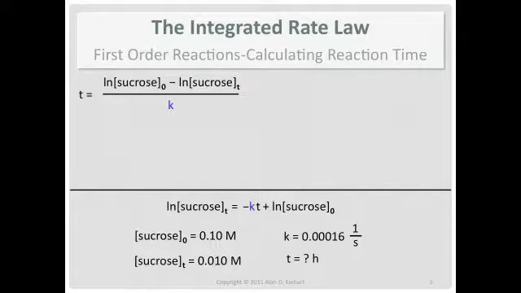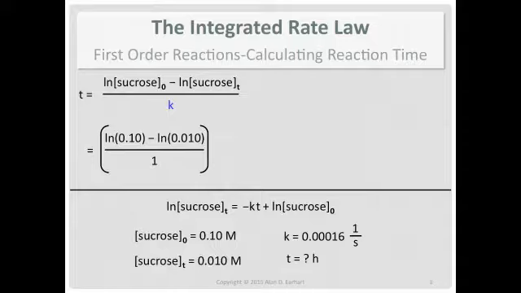Now we'll plug in. So we need the natural log of the initial concentration. We need the natural log of the final concentration. And we'll subtract that. This is a style choice, what I'm doing here. You're dividing by k, but I'm going to keep this part separate.